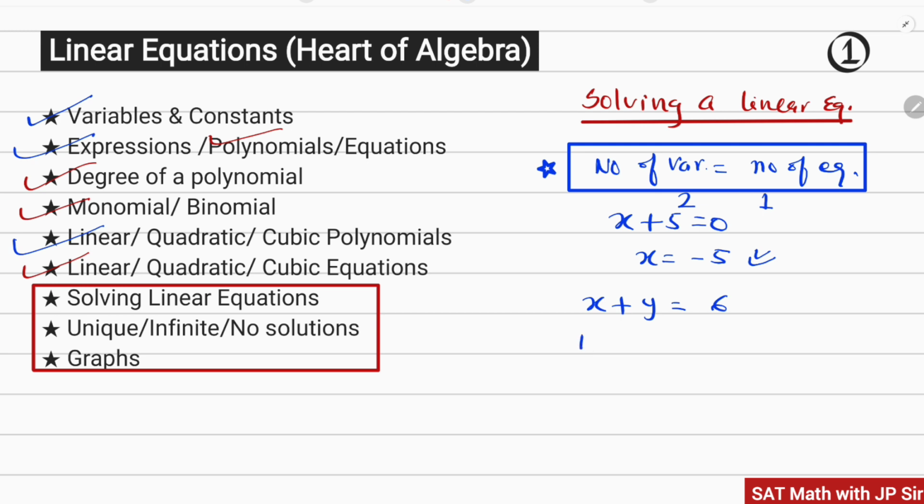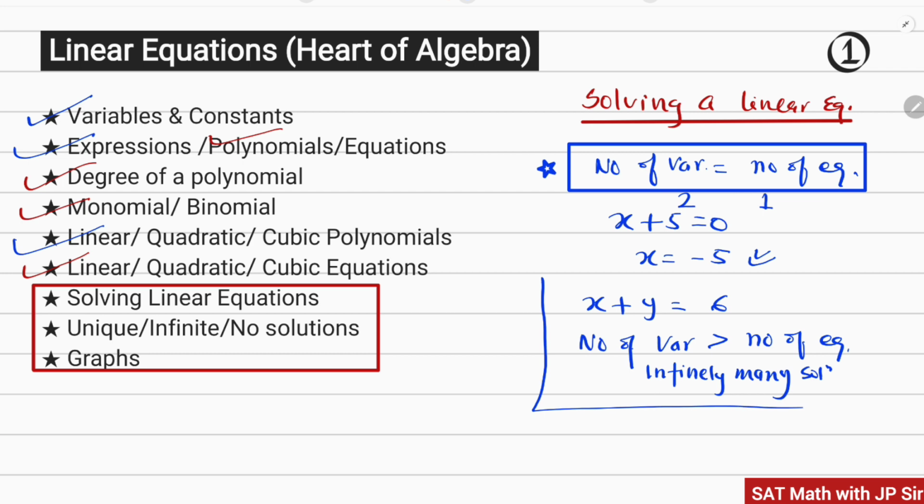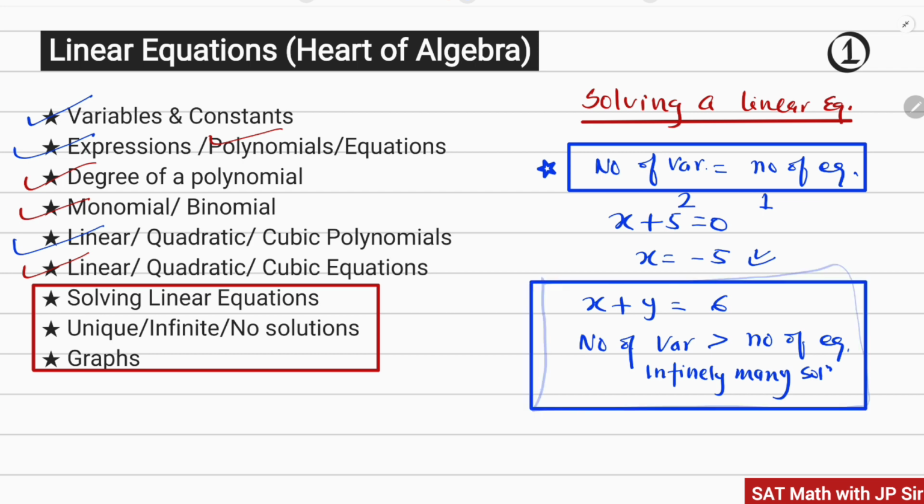When the number of variables is more than the number of equations, we will have infinitely many solutions.